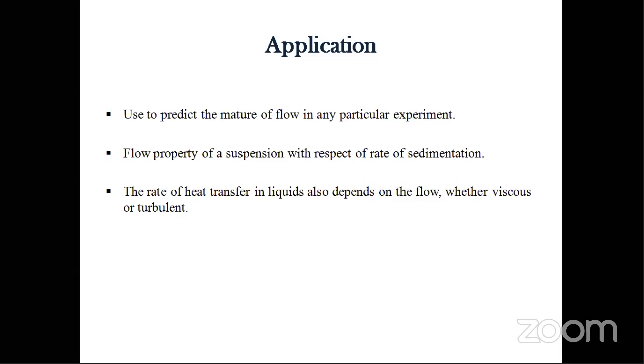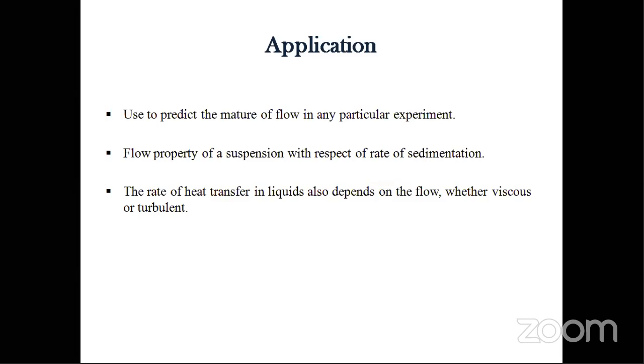If your vehicle's viscosity is more than your product's, it will give some blunder. So first you determine the viscosity and the flow pattern, the flow property of the liquids. Then you go for the suspensions.